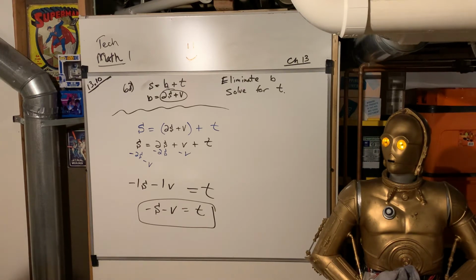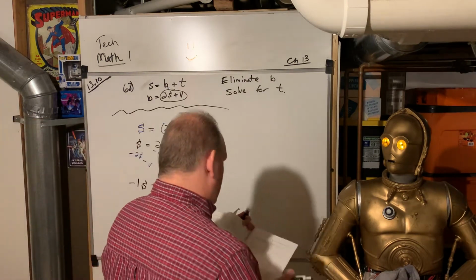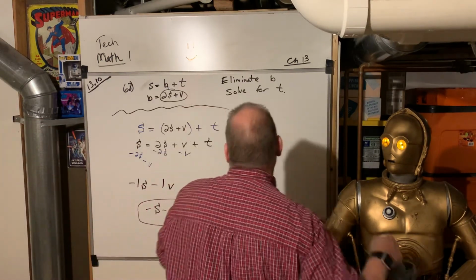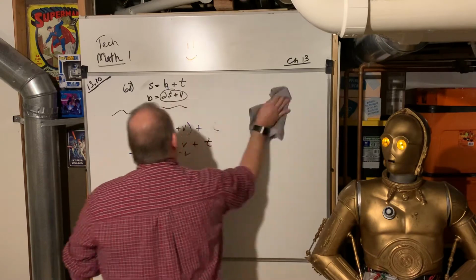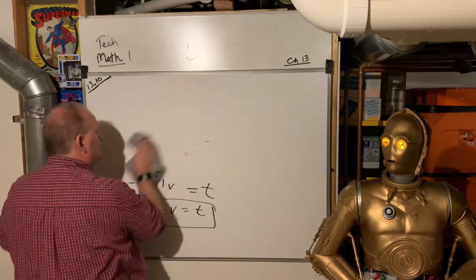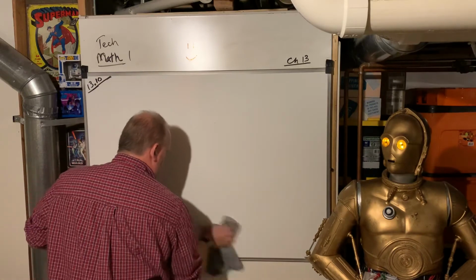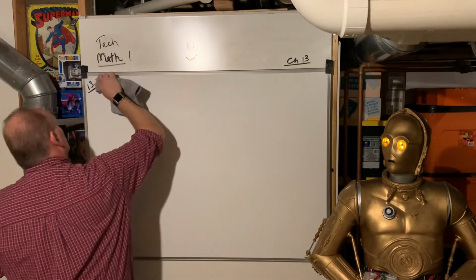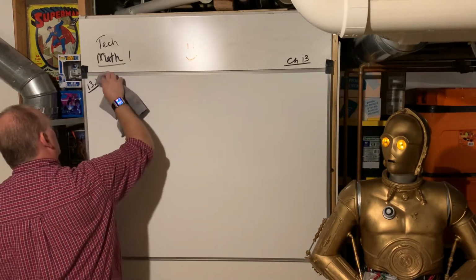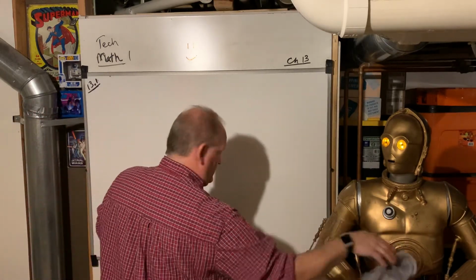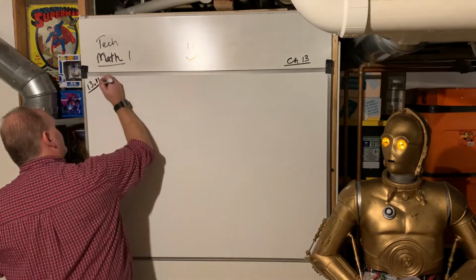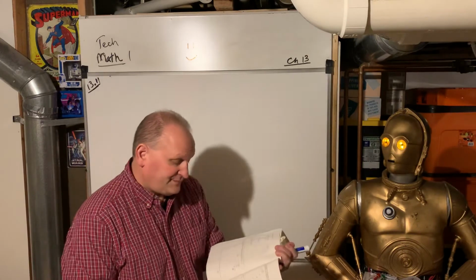Let's see what else. 1311, the equivalency method formula. All right, so let's look at one of those. 1311.